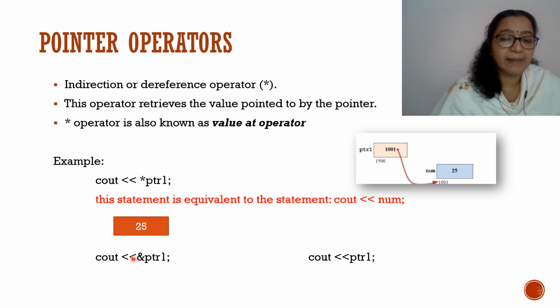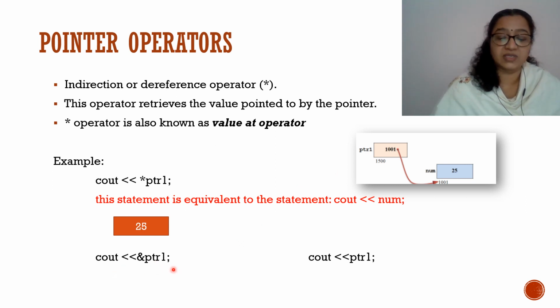cout ampersand sign. This is the address of operator. So address of PTR1. So cout address of PTR1 means we will get the address of PTR1. What is the address of PTR1? See, 1500 is the PTR1 address. So what is the output here?